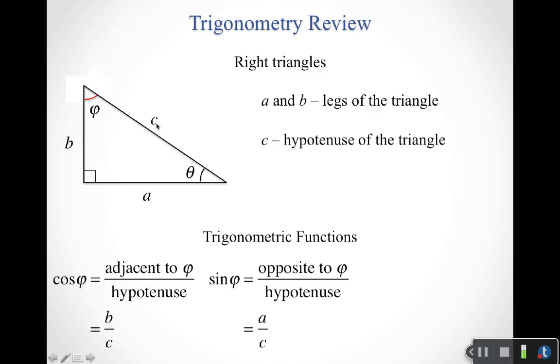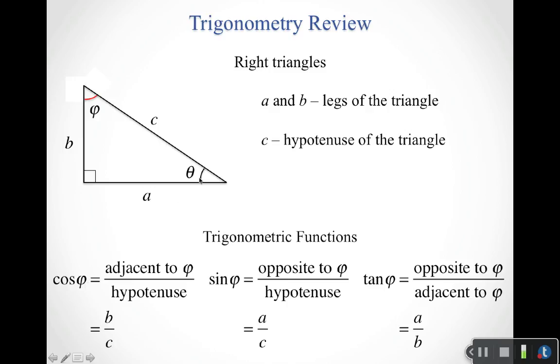Sine phi, I want the opposite side to angle phi. Well, the opposite side to angle phi is A. Divide that by the hypotenuse, so the sine of phi is going to be A over C. And then tangent, again, same definition, so I want the opposite side to angle phi divided by the adjacent side to angle phi, so this is going to be A over B. So what you notice is, by switching my angle, a couple things happen.